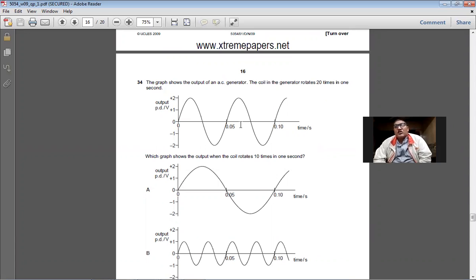Which graph shows the output when the coil rotates 10 times in 1 second? So it's saying 10 times in 1 second.